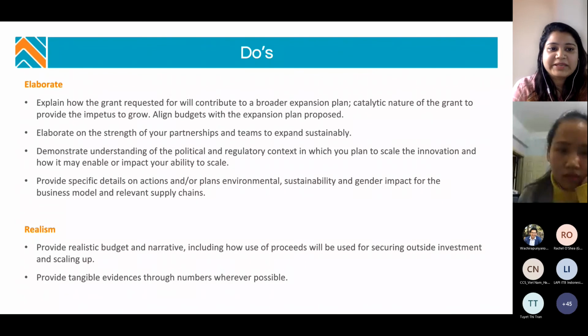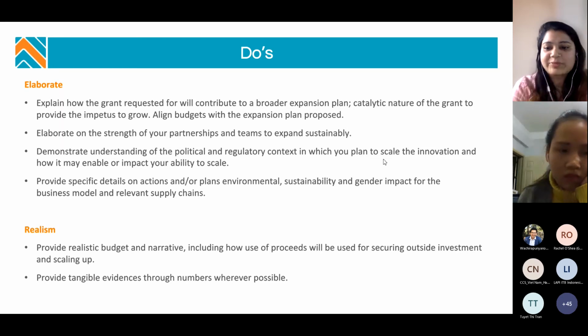The second bit would be elaboration. Explain clearly how the grant will contribute to the broader expansion plan. Elaborate on the strength of your partnerships. Focus on the political and regulatory context in which the innovation will be operating. You will have all these as questions. I'm just pointing these out as simple steps, but you don't have to think through this very deeply, because these will be part of the questions.